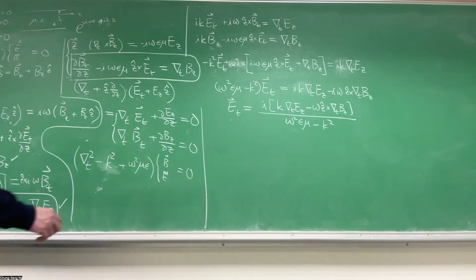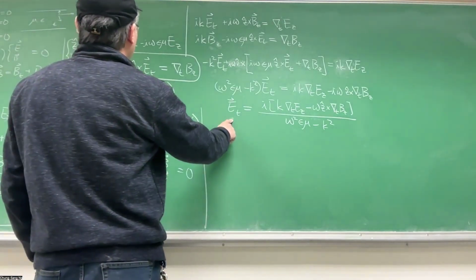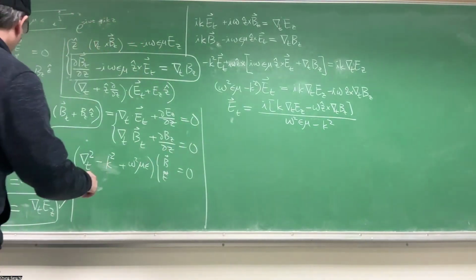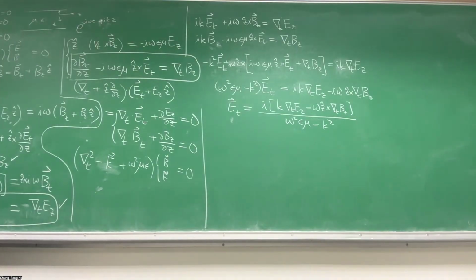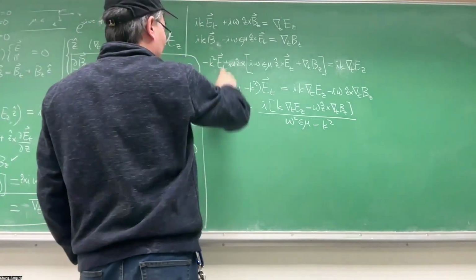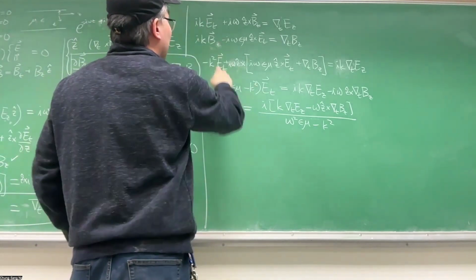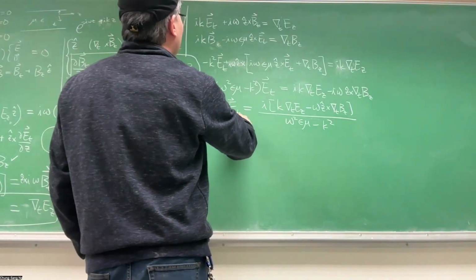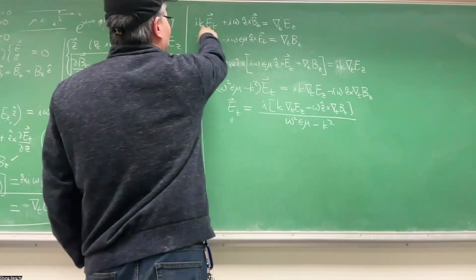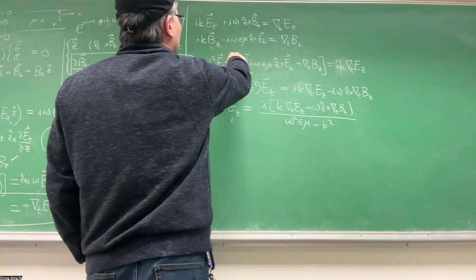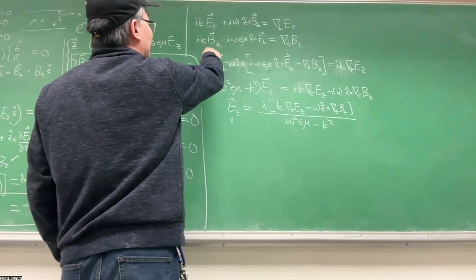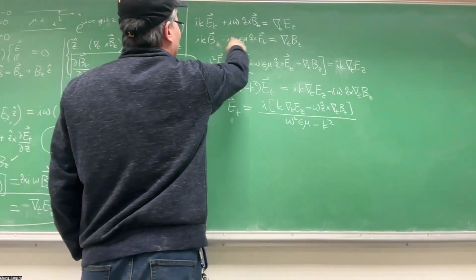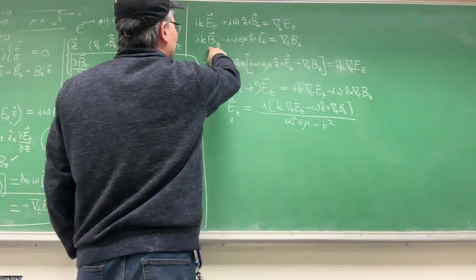Another way to do it is substitute this into the other part of the equation. I mean, we're working on this. Actually, not this set. We already have that. And one way to do it, substitute this into E sub t. You already have an E sub t. You want to solve that, right?